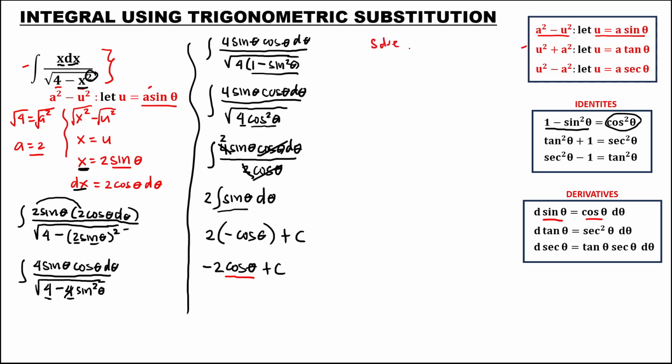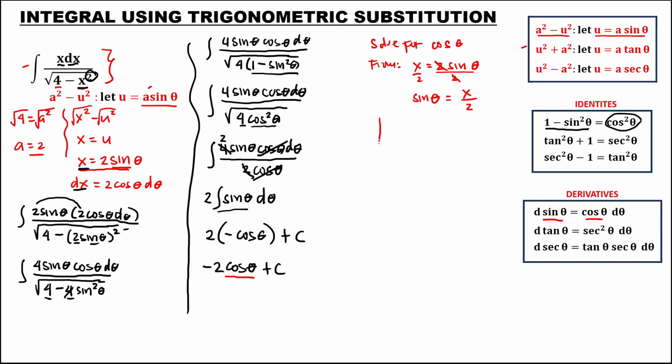Then this time, we need to find the value for cosine theta. To solve for cosine theta, from x equals 2 sine theta, to solve for sine theta, divide both sides by 2, so therefore sine theta equals x over 2.